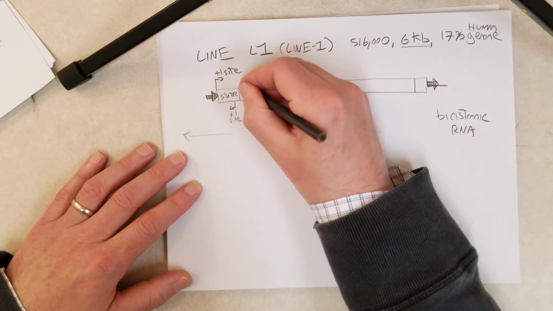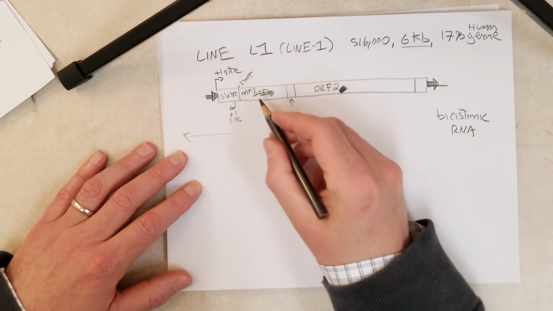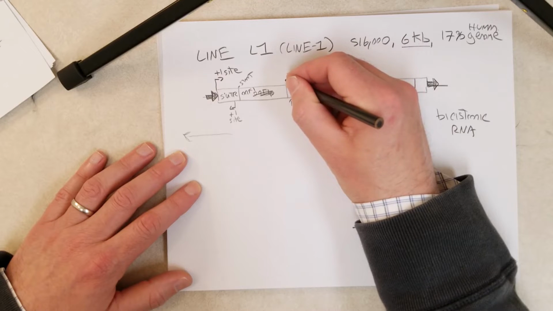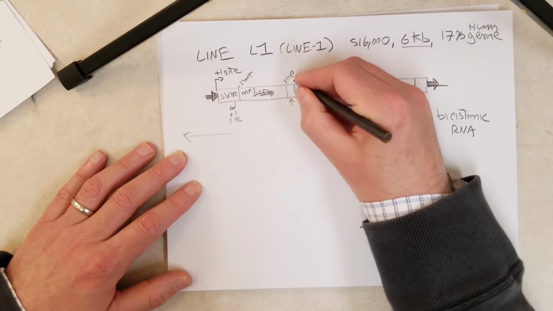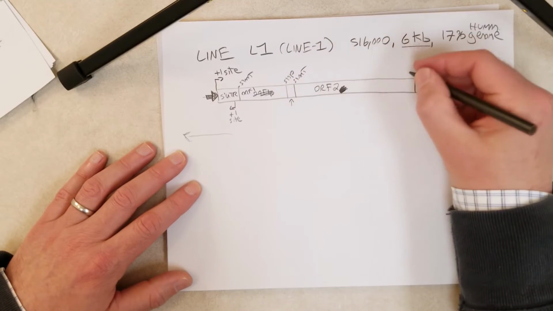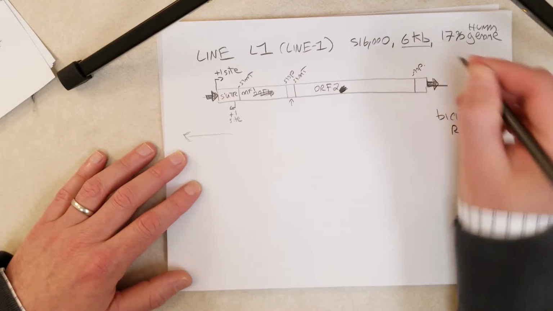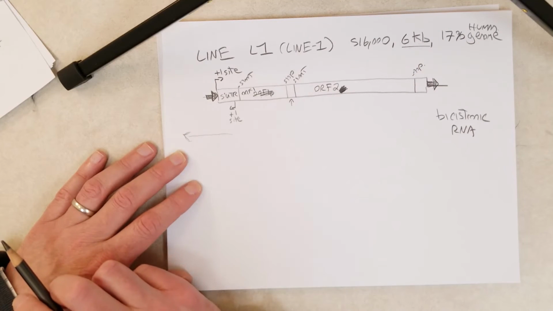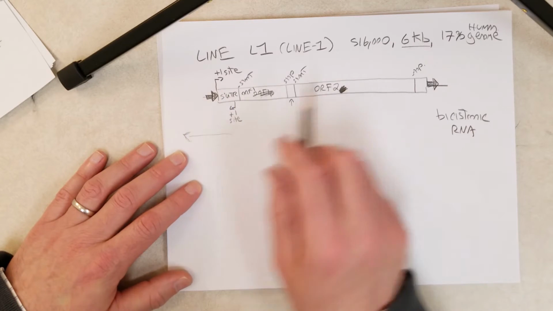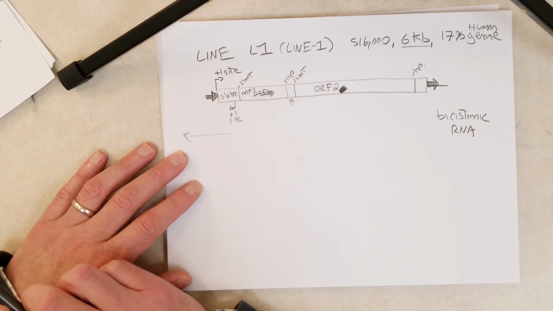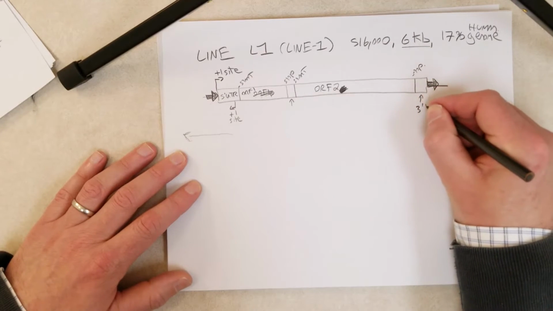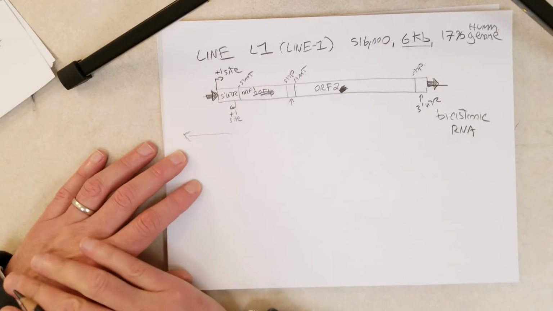Now this is the start codon for ORF1, and this is the stop codon, and here this is the start codon, and here this is the stop codon. So we have 2 proteins that can be translated from an L1 messenger RNA. And this region right here would be the 3' UTR, untranslated region.